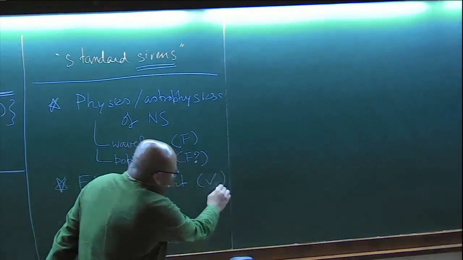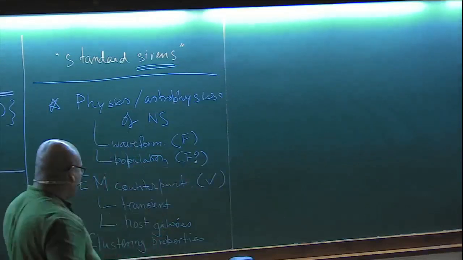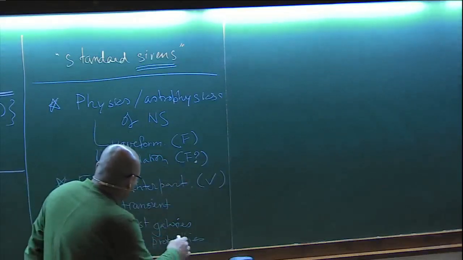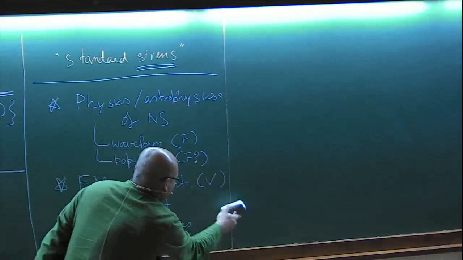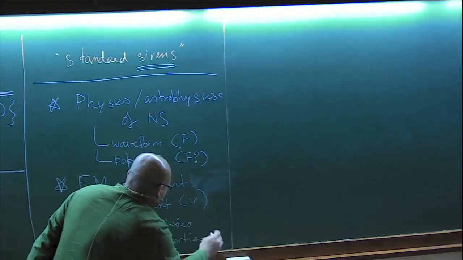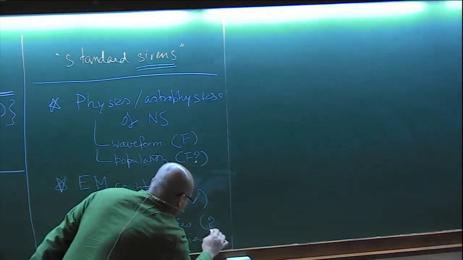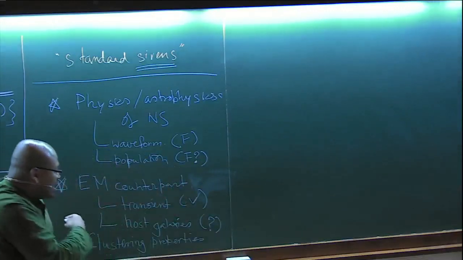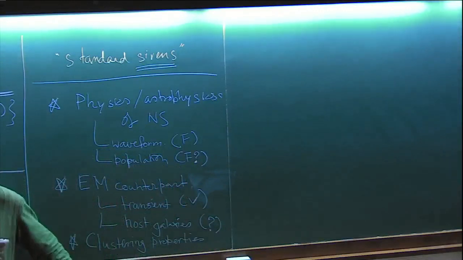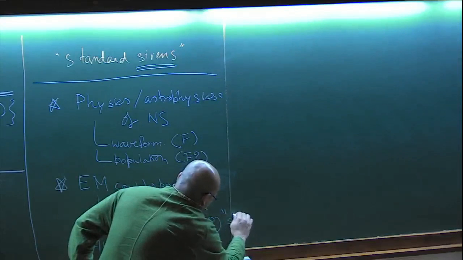With a counterpart, we have already obtained a result which many of you know about. I'll come to the result in a moment. With a transient counterpart, we are exploring the possibility of working with a set of host galaxies using something called the statistical method, which I will describe in great detail.